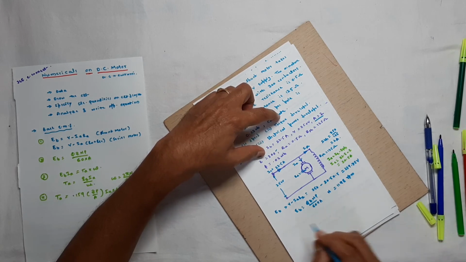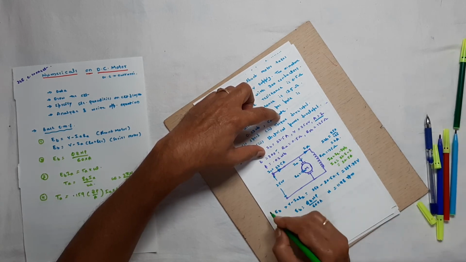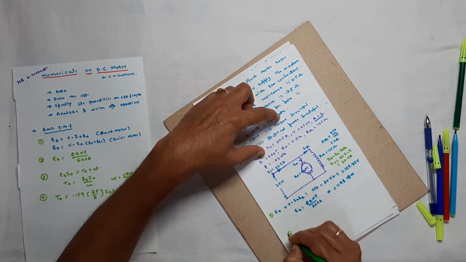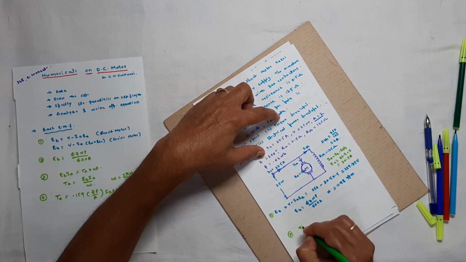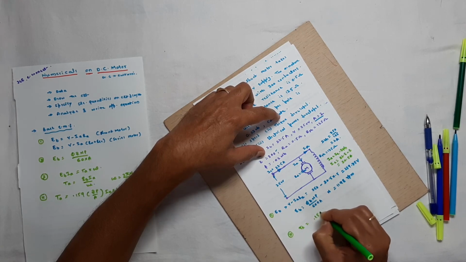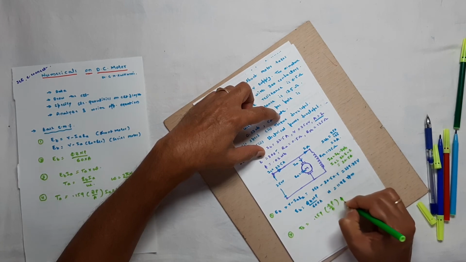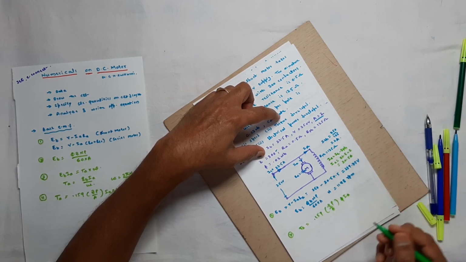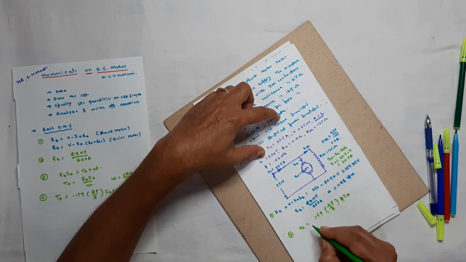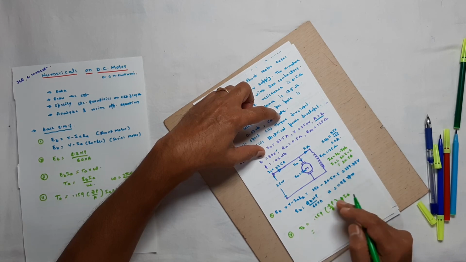The torque developed is calculated as TA is equal to 0.159 ZP by A into phi into IA. There is another way of finding out also, which I am explaining here. It is 0.159 ZP.